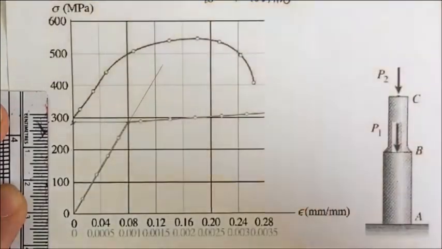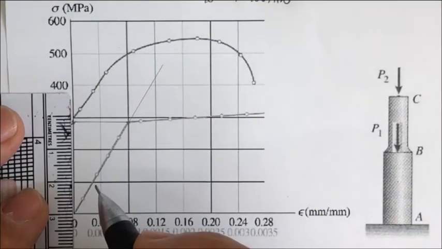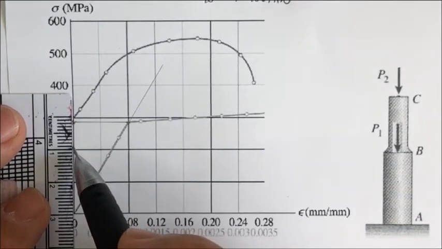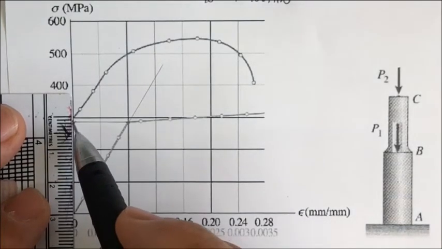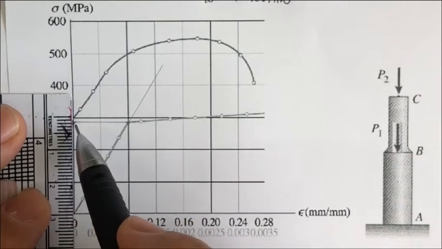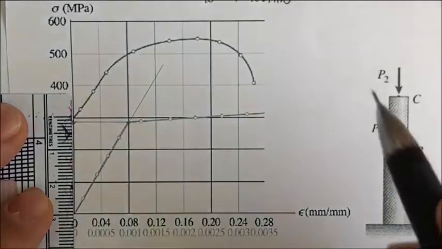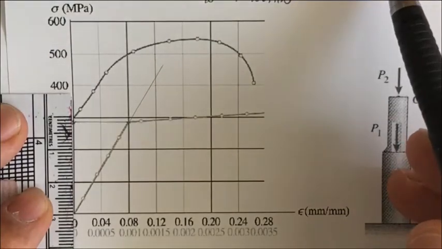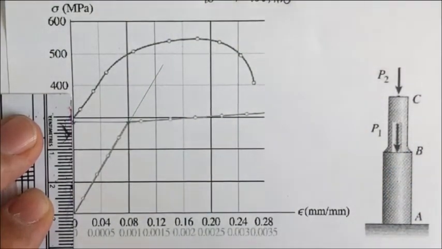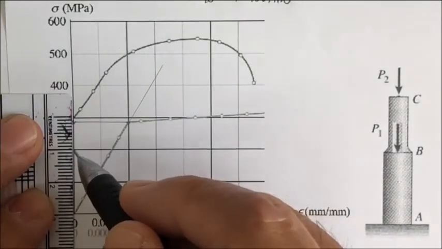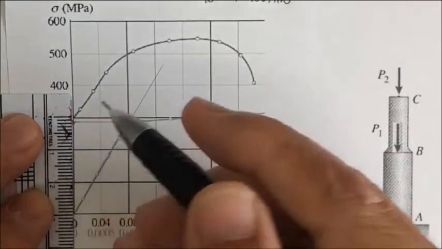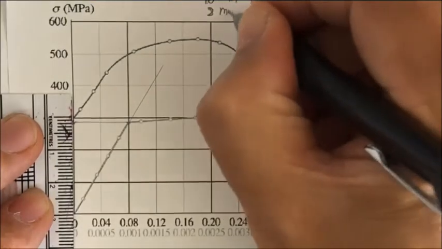Okay, and if you measure this, you may get 1, 2, 3, 4, 5, 6, 7, 8. Somebody said it's 8.2, somebody said it's maybe 8.1. It's up to your estimation. So the answer to this kind of problem is not exact. I will get some interval for the solution of the stress. Okay, it's maybe 280 to 285, and if you measure this to be 5, 6, 7, 8, okay, you get 8 millimeter.